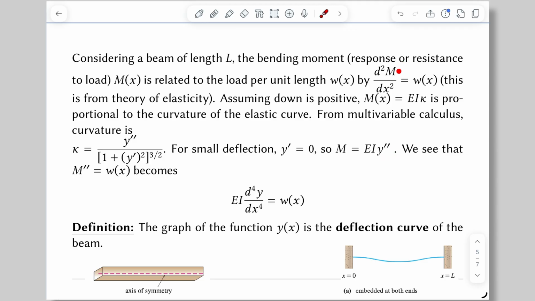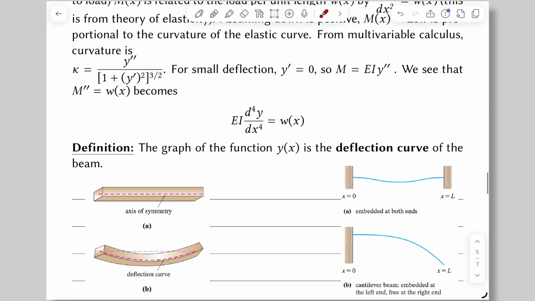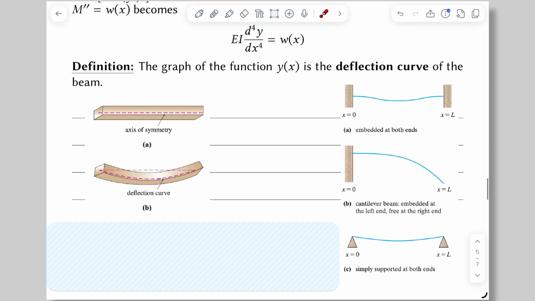We had that M double prime was equal to w of x. So differentiating M equals EI y double prime twice is going to give us EI times the fourth derivative of y equal to w of x. Now, this becomes the starting point for our work.